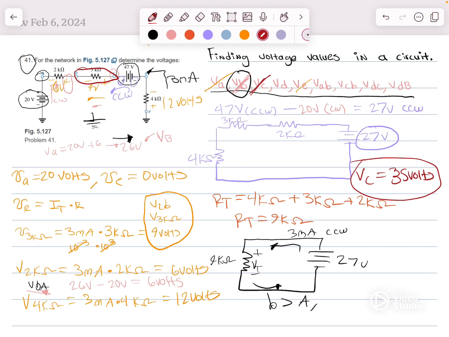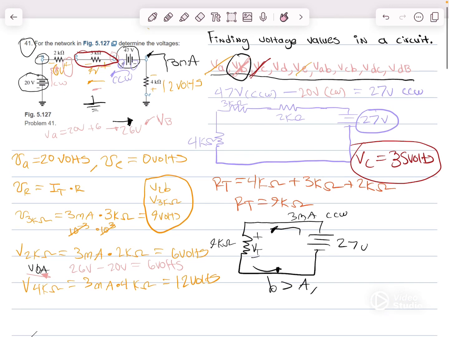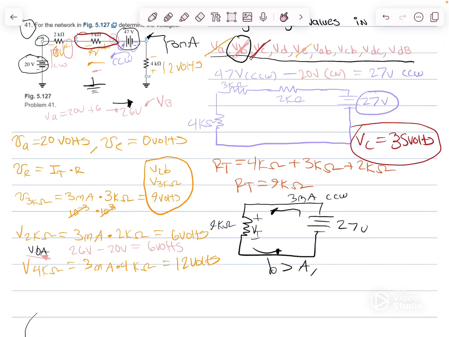And now my next one is going to be VD. This one is a little bit different. Now we are working with our voltage source. Because I want to know what VD is, I'm actually going to start by looking at my resistor, and then we can get back to our voltage source.